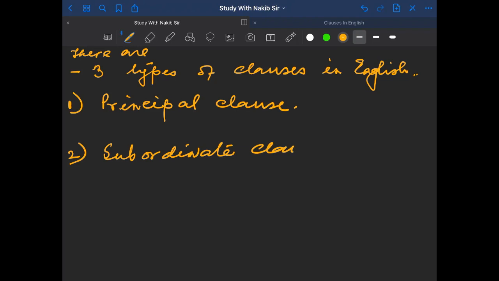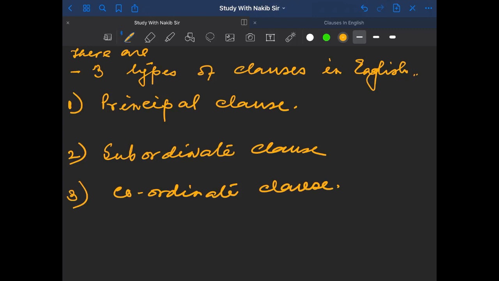Number three, coordinate clause. So clauses in English are divided into three parts. First is the principal clause, second is the subordinate clause, and third is the coordinate clause.